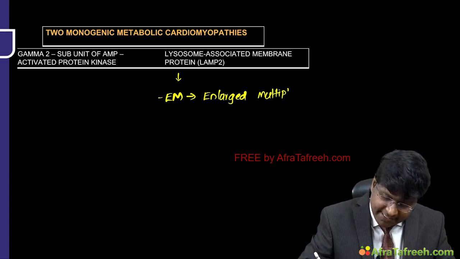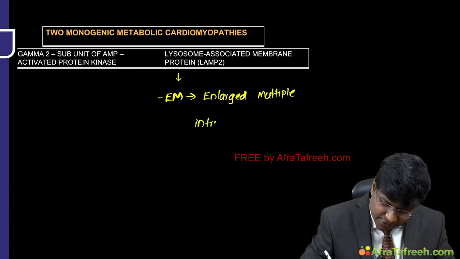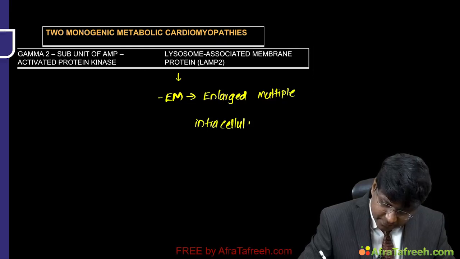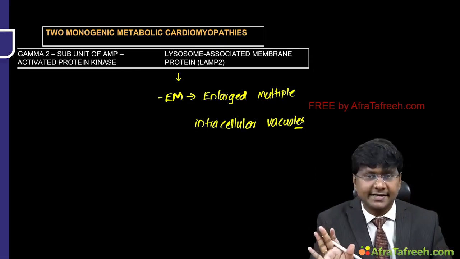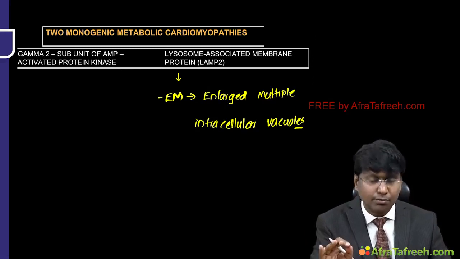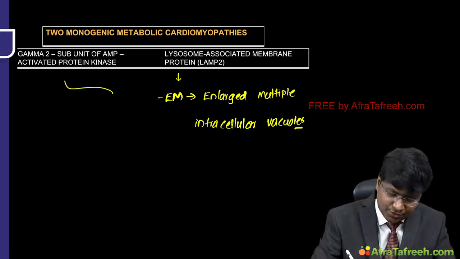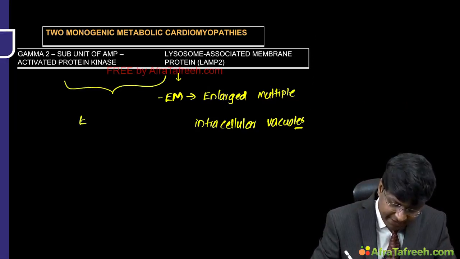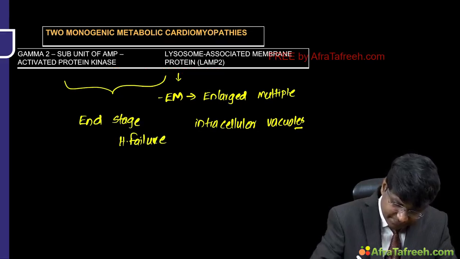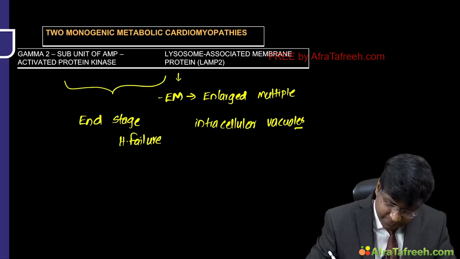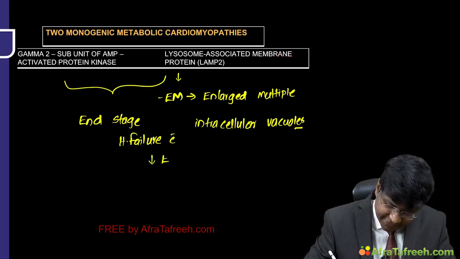These enlarged multiple intracellular vacuoles are what make the myocyte enlarged and make the individual develop dilated cardiomyopathy. So this is about your two monogenic mutations. Basically these two will make the individual land up in end stage heart failure with reduced ejection fraction.